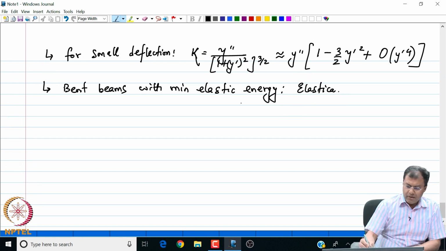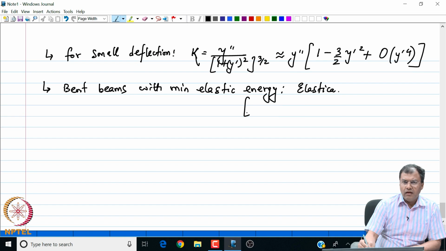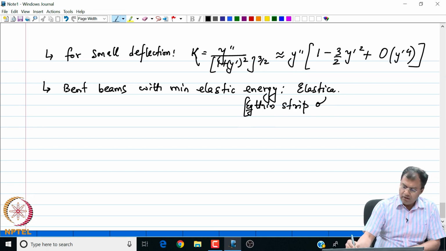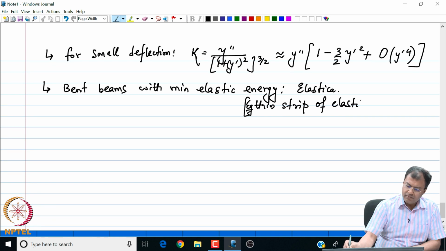Well, a typical example is a thin strip of metal which adopts a shape when forced to bend. So the example is a thin strip of elastic material.